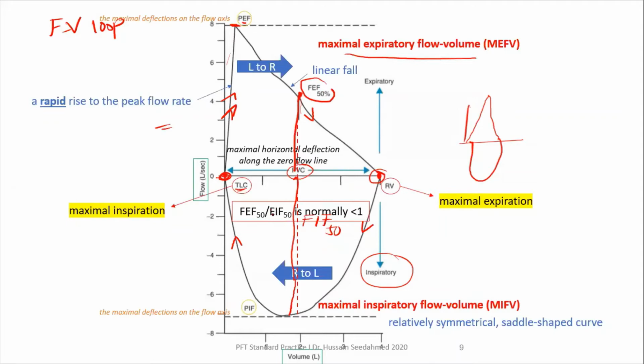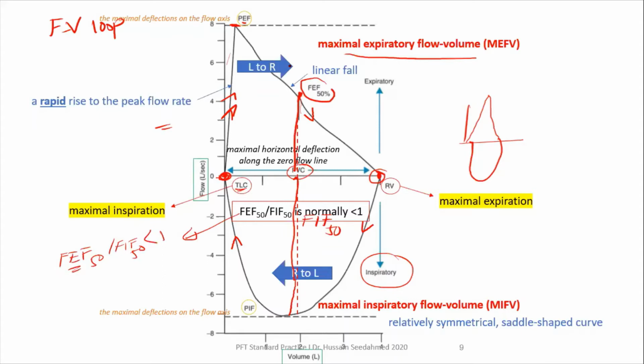Usually this ratio, the forced expiratory flow 50 to forced inspiratory flow 50, is normally less than 1. So I want you to keep this piece of information: the ratio of FEF 50 to FIF 50 is less than 1. What is FEF 50?